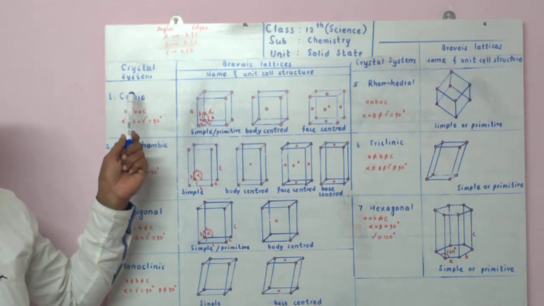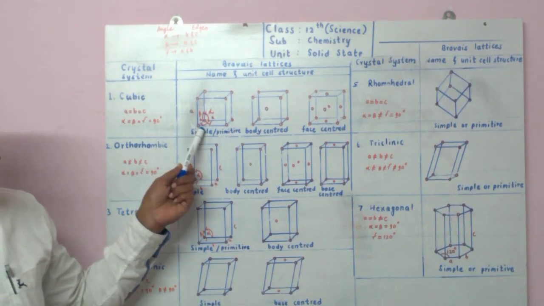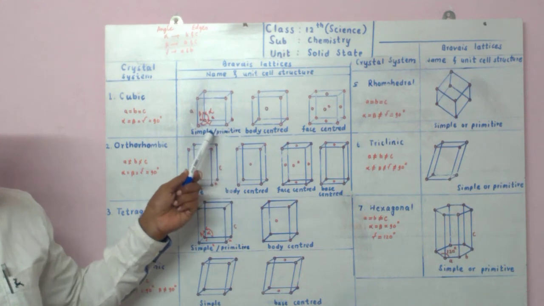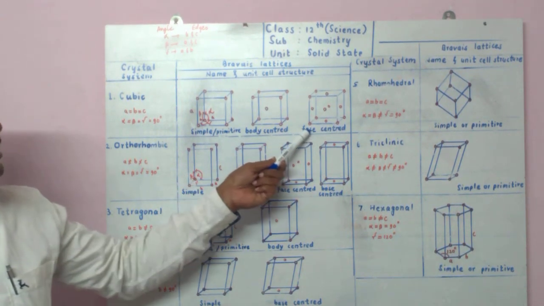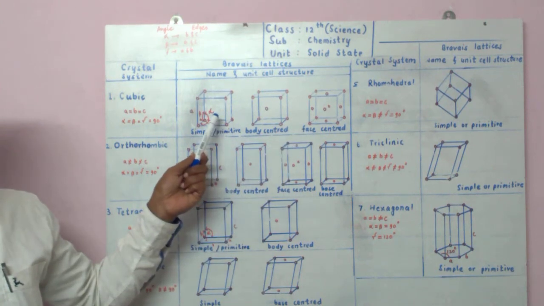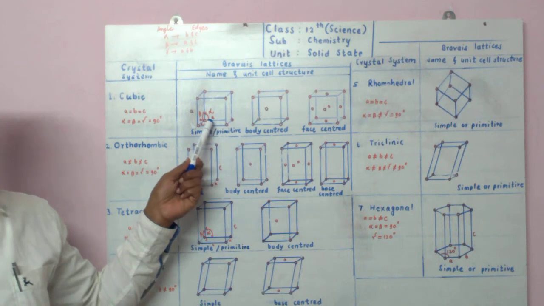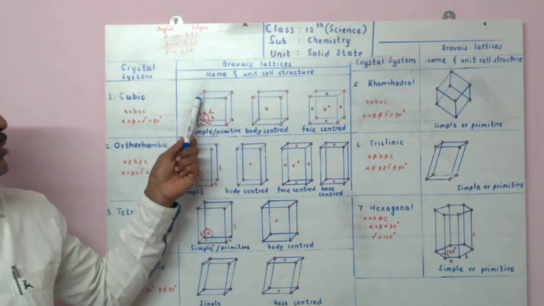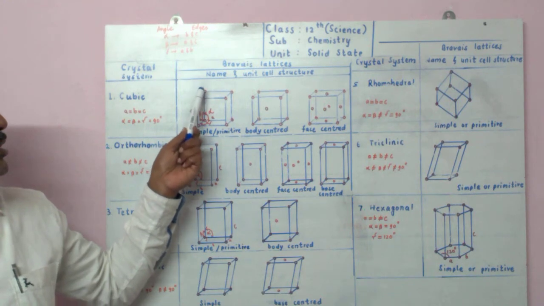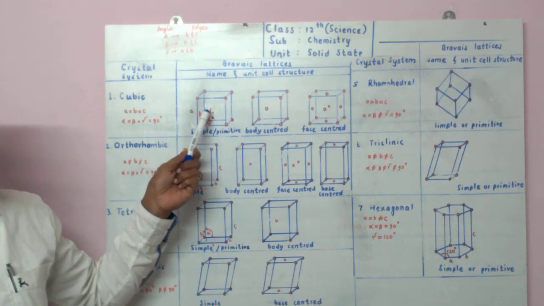The cubic unit cell is of three types: simple or primitive, then body centered and face centered. In a simple cubic cell, there are particles at the eight corners of that cell.